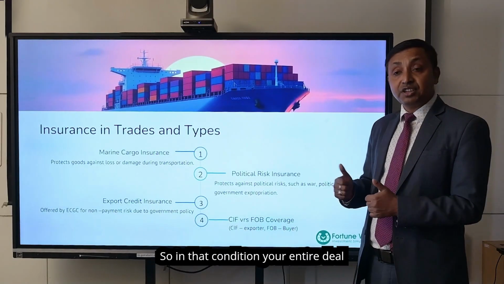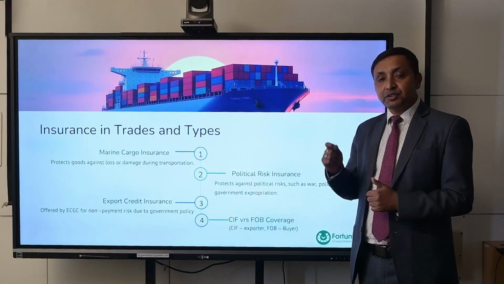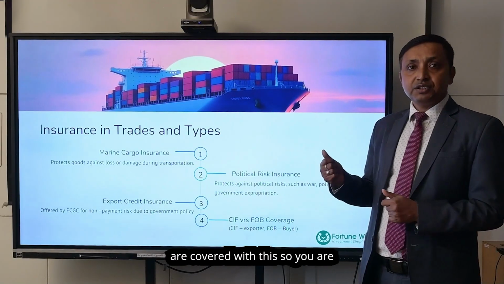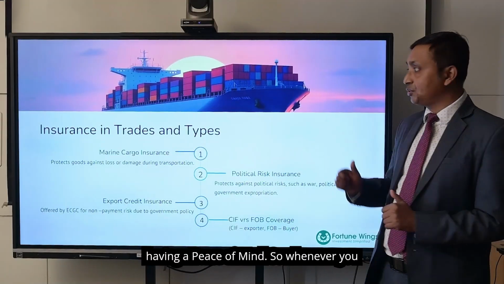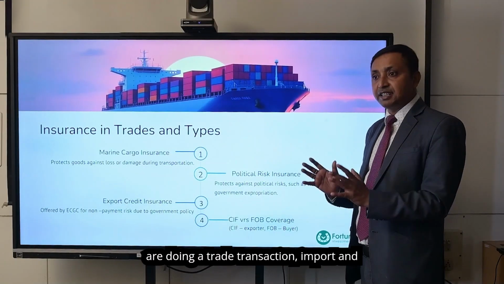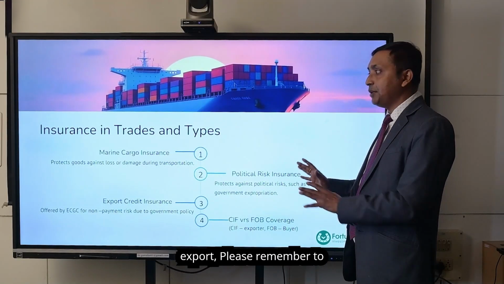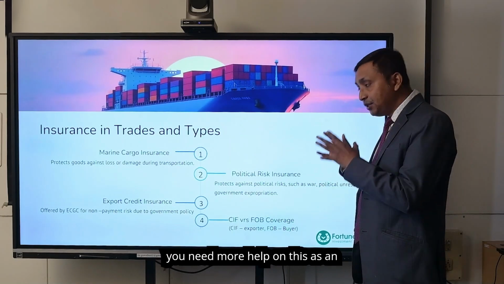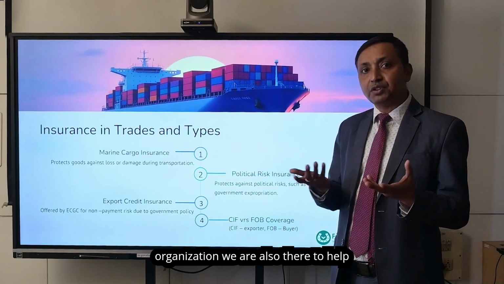In that condition, your entire deal can be spoiled. If you are covered, you have peace of mind. So whenever you are doing a trade transaction, import or export, please remember to take complete insurance coverage. If you need more help on this as an organization, we are also there to help you.